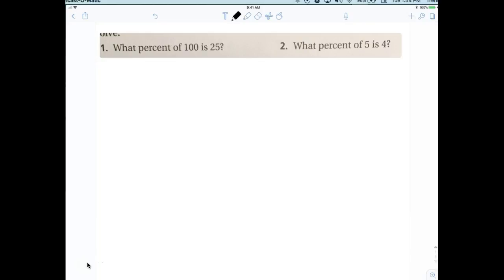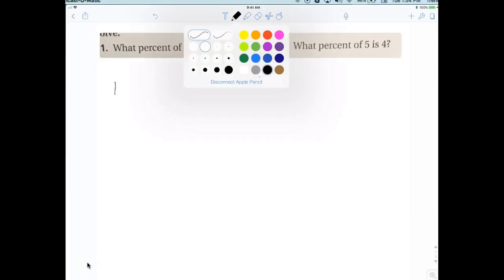I'll show you how to do the problem. To find a percent, I always try to remind kids that the percent just means it's the part divided by the whole. It's the part divided by the whole.